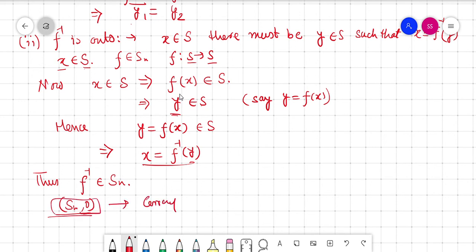So the next task is to show that this group Sn under composition is non-abelian. We will see later that this group is not abelian, it is non-abelian.